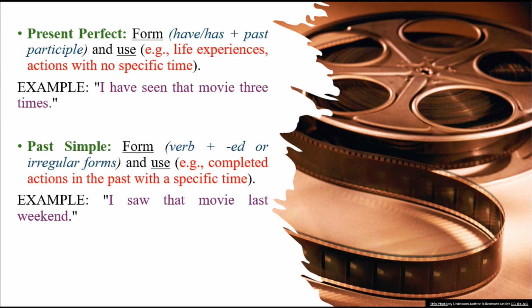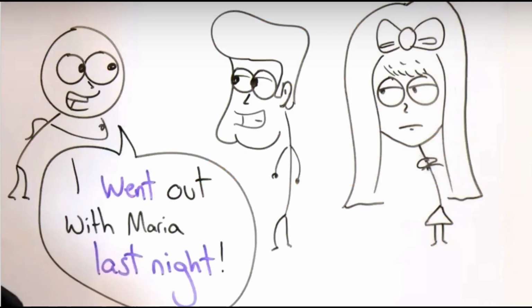The example is: I saw that movie last weekend. And it's finished. It's done. Maybe I will watch the movie over and over again, but for now, I'm just telling you that I saw that movie last weekend and I'm not seeing that movie currently. It's finished.